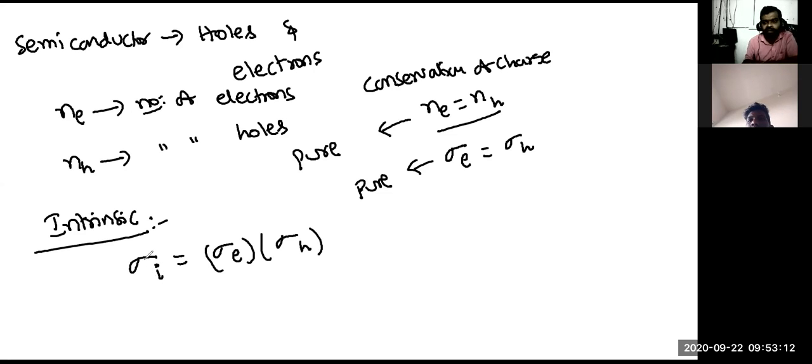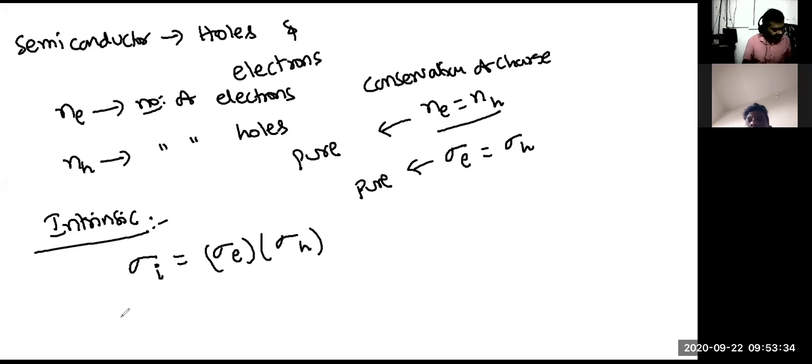Since it is intrinsic semiconductor, I am writing it as sigma I. Sigma I is equal to sigma E times sigma H.